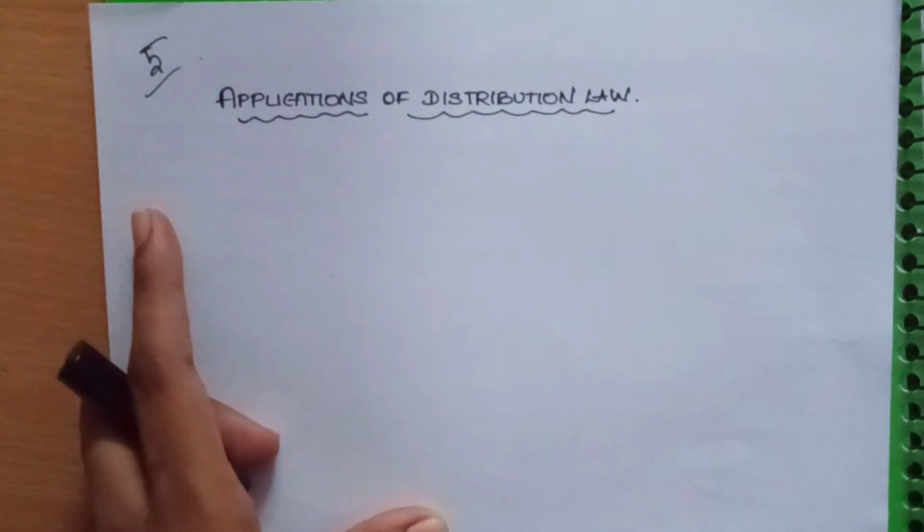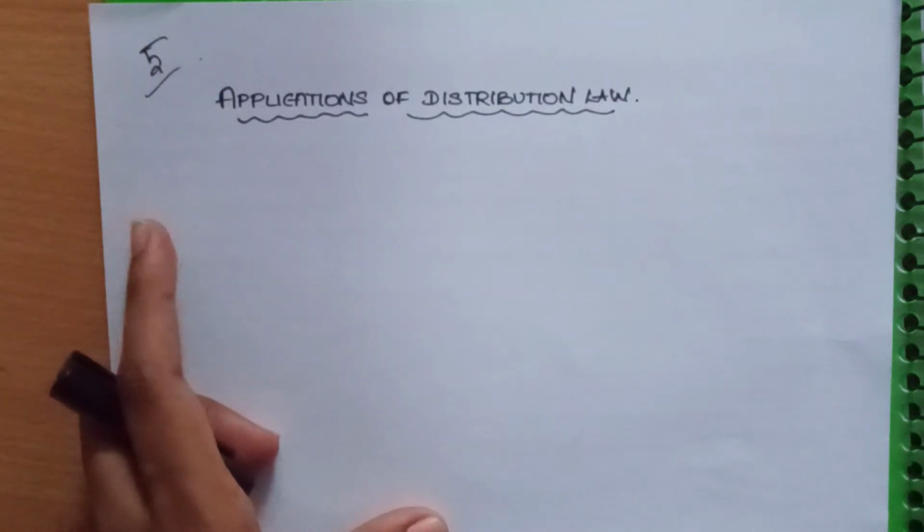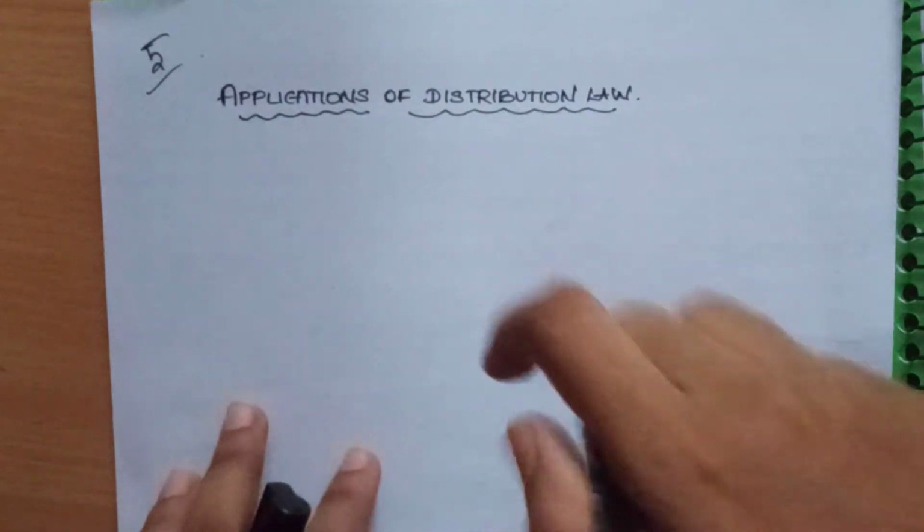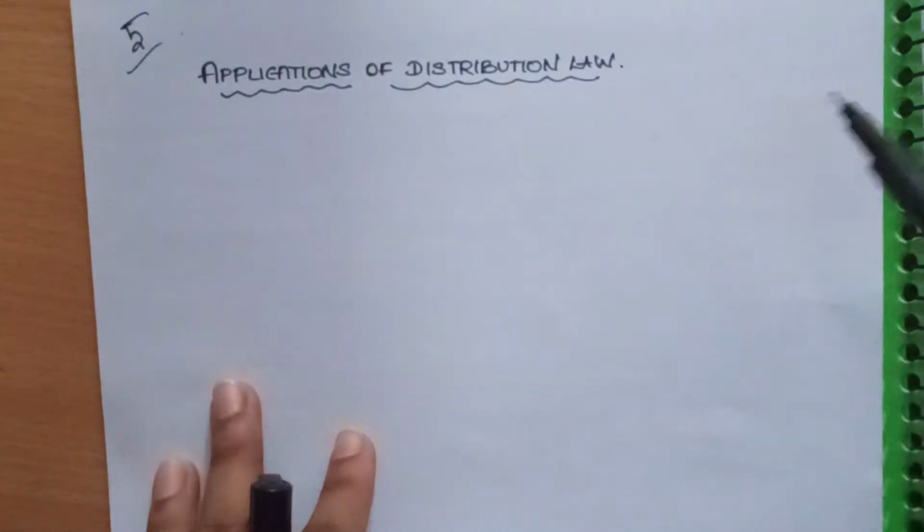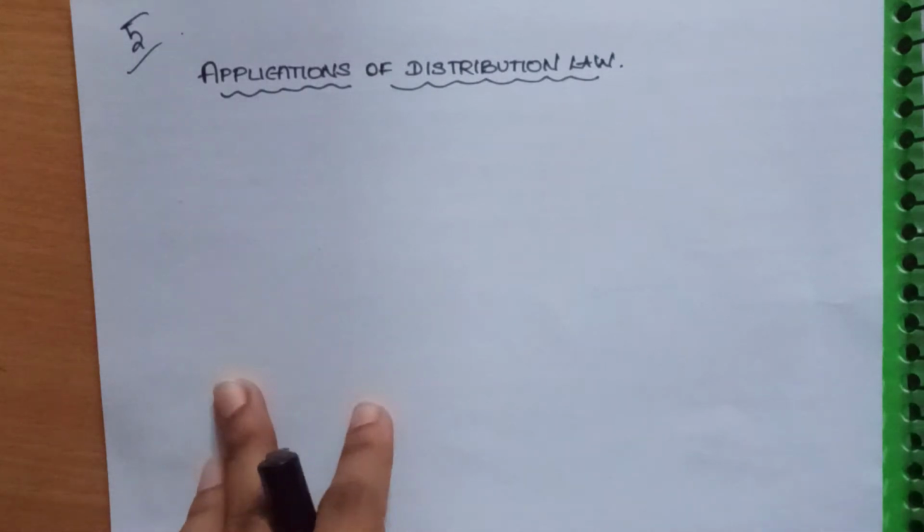The final part of Unit 5, Nernst Distribution Law, deals with the applications of the law.